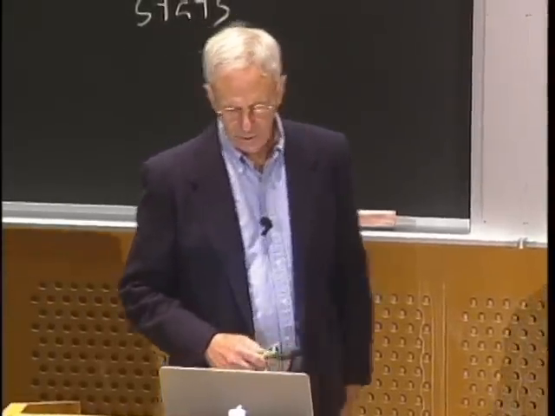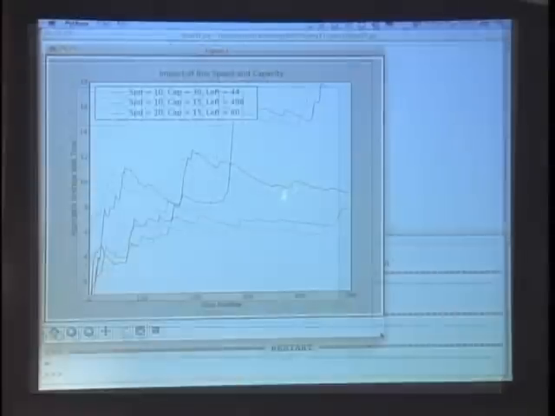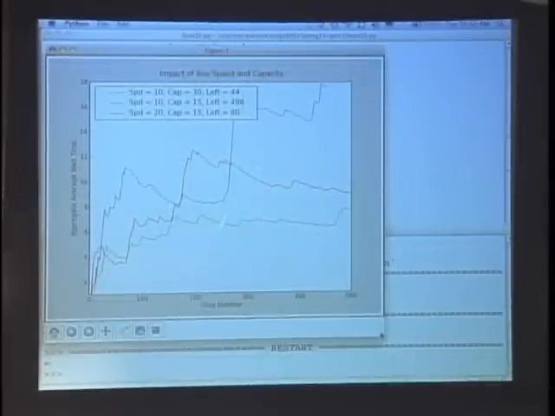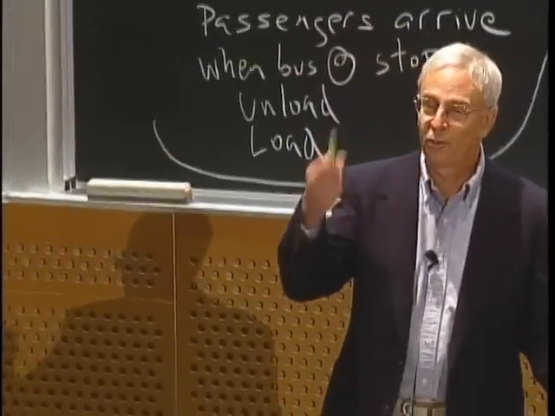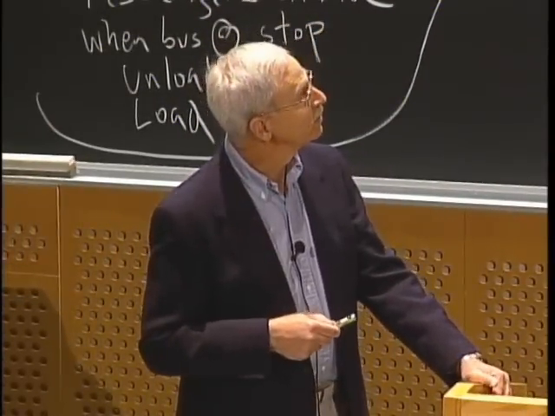Well, we get something pretty different. In particular, you'll note that the average wait time has dropped rather significantly. It really has, as the theory predicted, led to improved wait times.